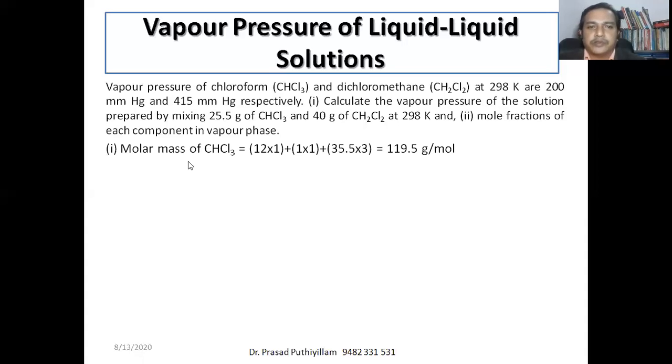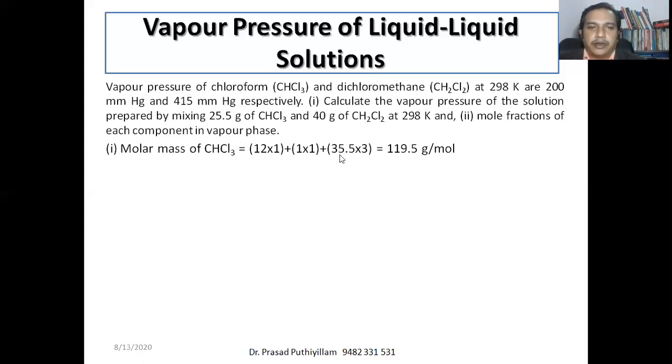The molar mass of CHCl3 can be calculated as follows. It consists of one carbon. Carbon atomic mass is 12 and only one carbon, therefore 12 multiplied by 1, plus hydrogen atomic mass is 1 and only one hydrogen is there, therefore 1 into 1, plus chlorine atomic mass is 35.5 multiplied by 3.